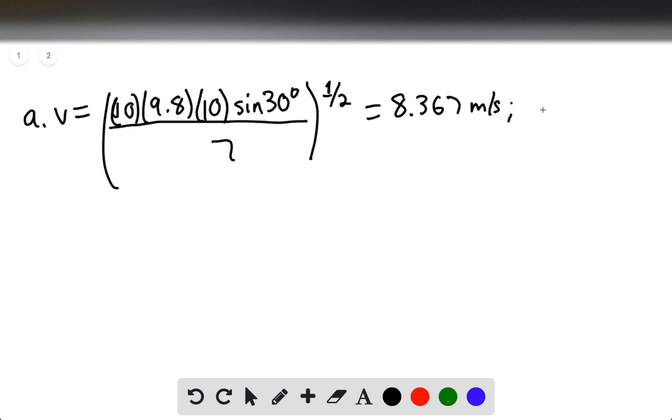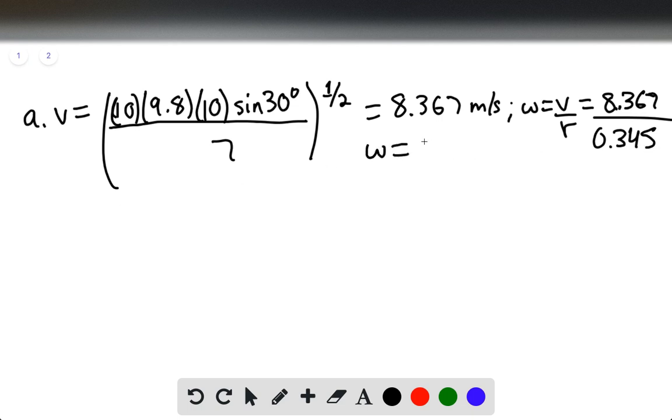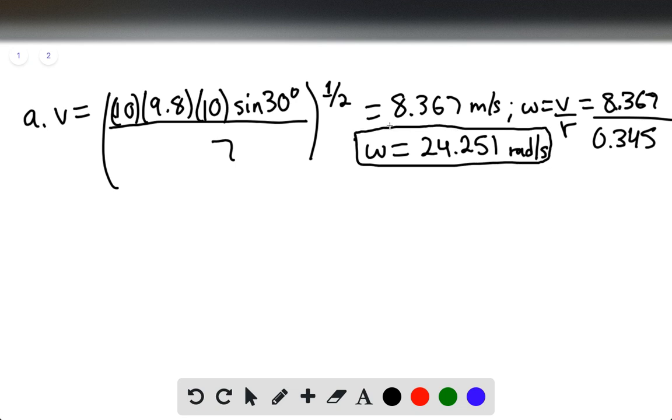We know that omega equals v over r, so this will be 8.367 divided by r, which is 0.345. And we find that omega is going to equal 24.251 radians per second. So this will be one answer for part A, and this will be the other answer for part A.